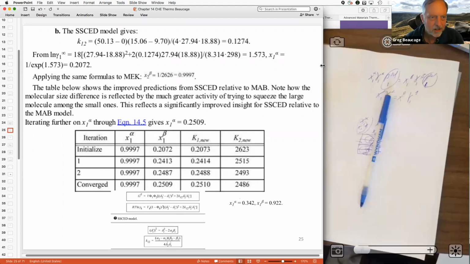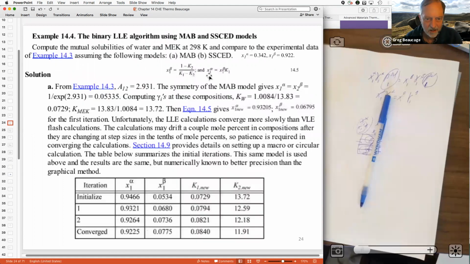So I'll show you how to use that one. And then the Margules acid base is the normal A, B, and volume equation that we used before. Right? So you can say, let's see now.